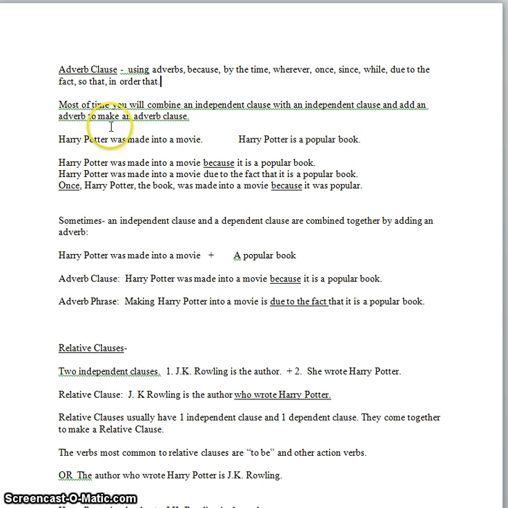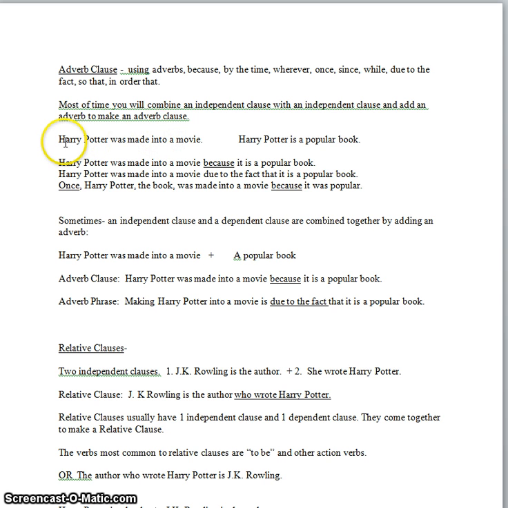Now, most of the time you will combine an independent clause with an independent clause and add an adverb to make an adverb clause. So once again, most of the time, you will combine two independent clauses together, plus you will add an adverb to make your adverb clause.